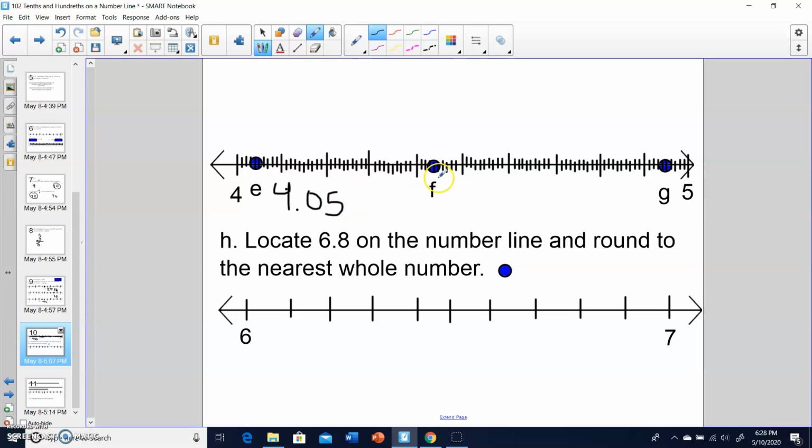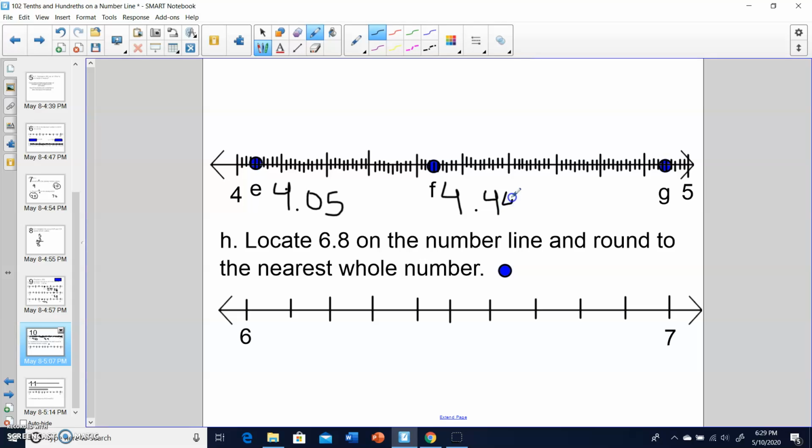Okay, F. Now this would be 10, 20, 30, 40, 41, 42, 43, 44. So 4, because I'm not to 5 yet, and 44/100ths.